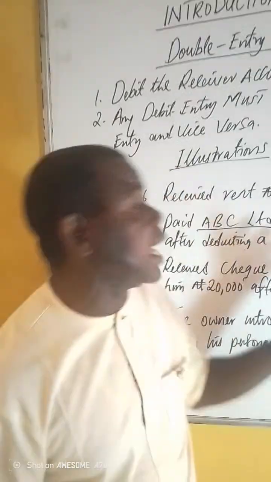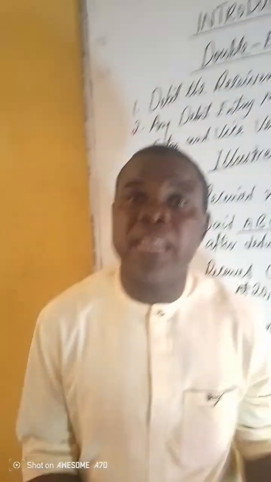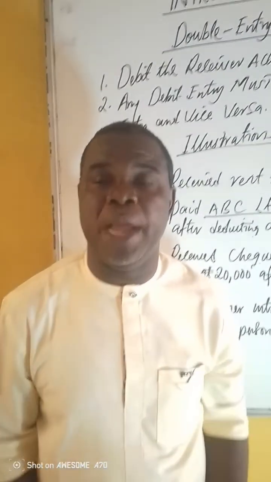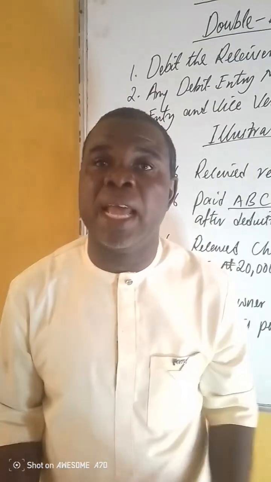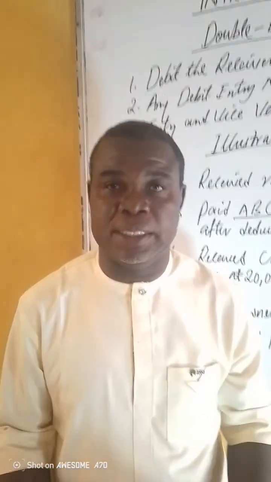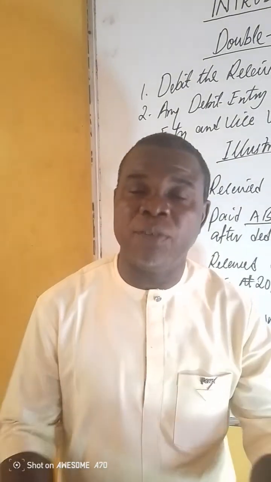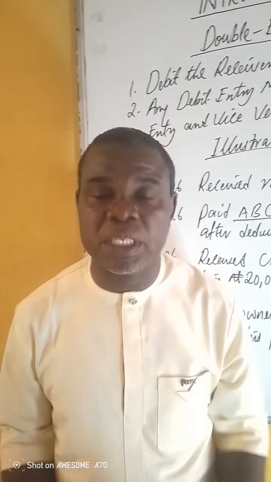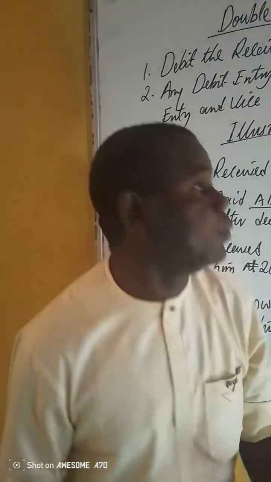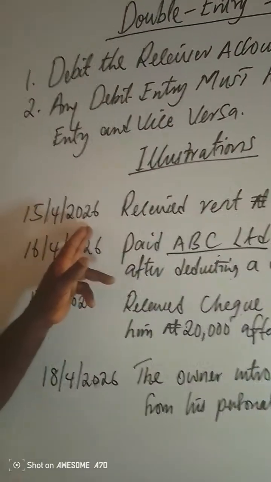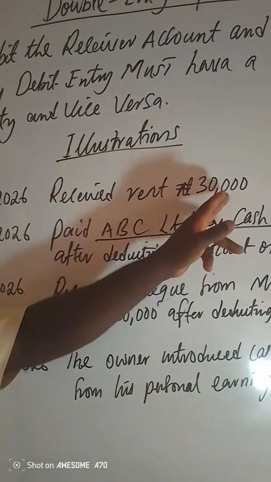I want to emphasize that these are the most salient areas that learners find difficult to post in double entry, because they are not as clear as learners think. So there must be much explanation for them to understand how these transactions are posted using double entry via the principles. The first one is on the 15th of April 2026, receive rent 30,000.